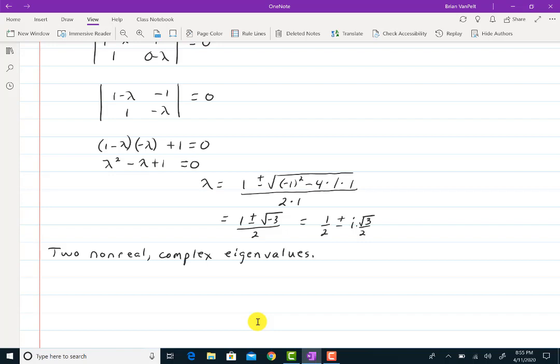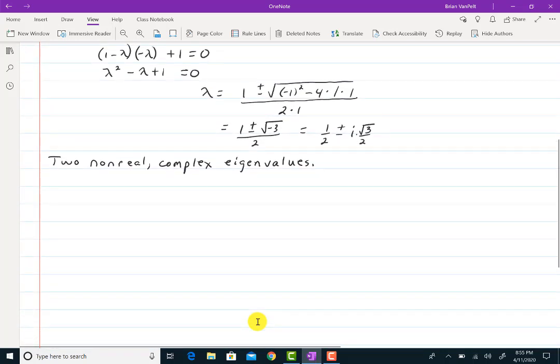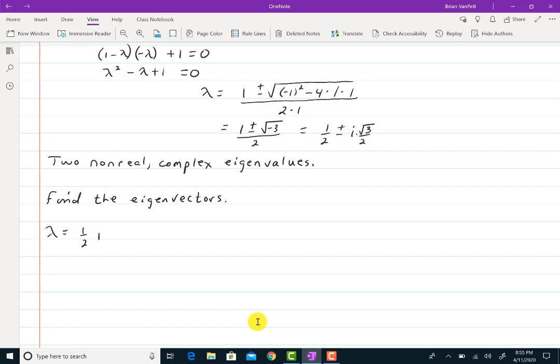All right, so right away, we're already in a situation we haven't had before. We've always had real solutions to these problems. Now they're complex. Now what do we do after this? Find the eigenvectors. And so I'll start with lambda equal 1/2 plus i times radical 3 over 2.